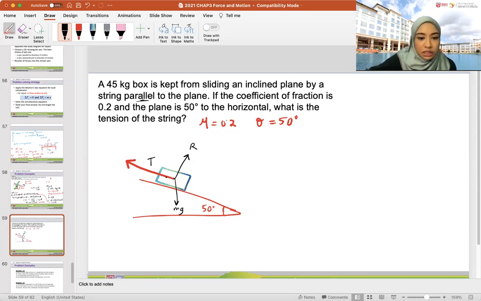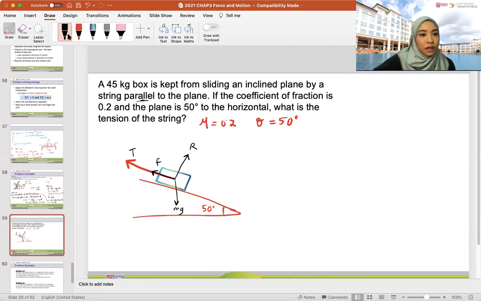Yes, correct. So your friction is still in the same direction as your tension, walaupun ada string kat situ, because our motion punya tendency is to the right. So that is where our friction will happen in the opposite direction. So this is T and this is friction, and we are assuming that the box will slide off the inclined plane, so friction kena oppose.